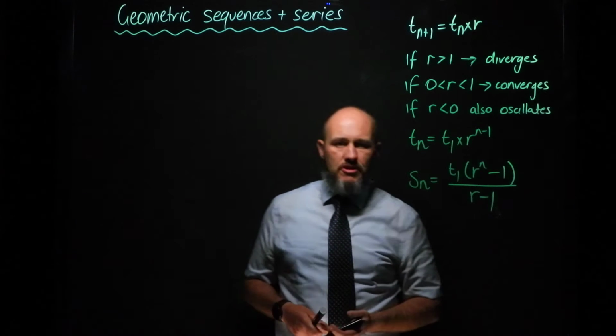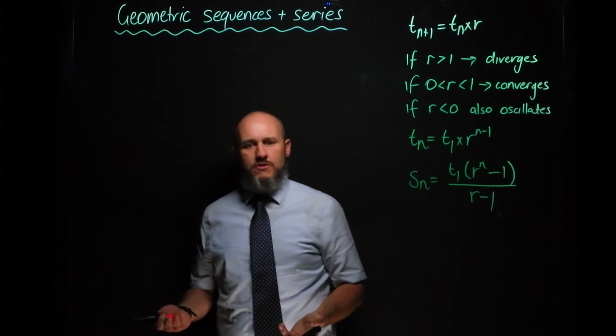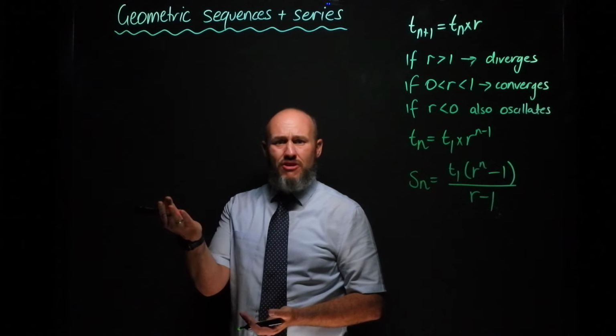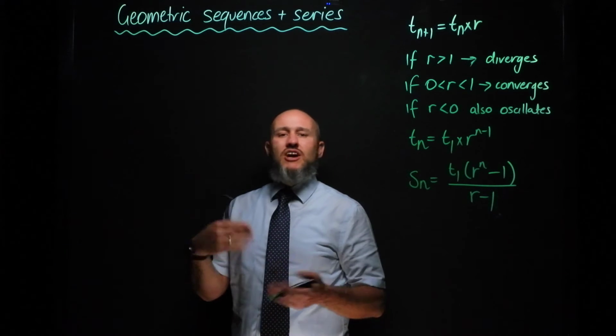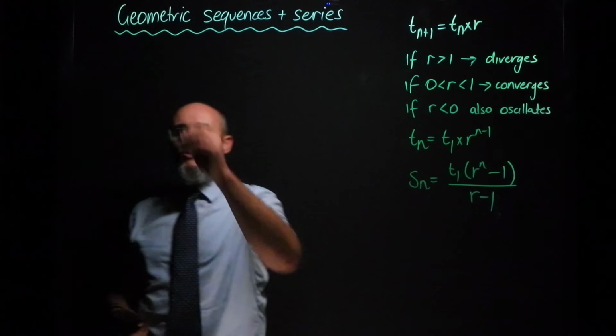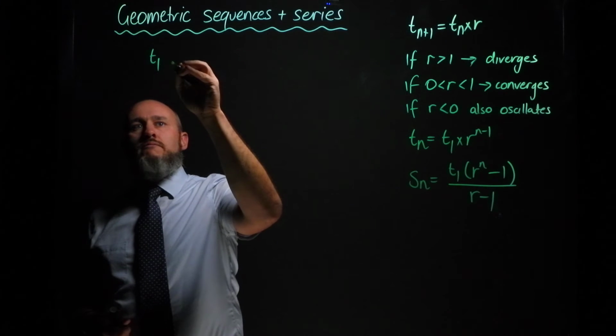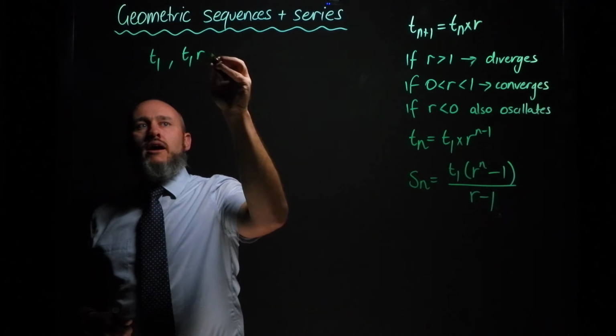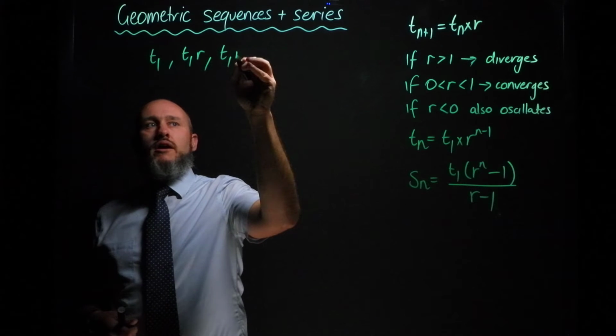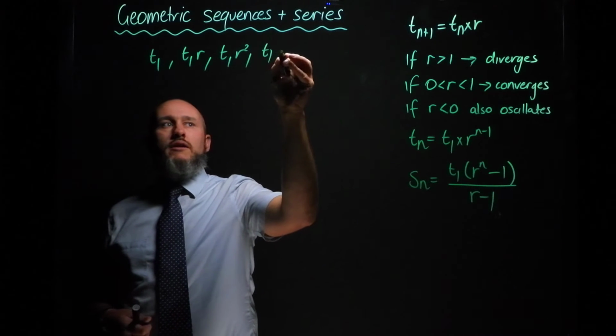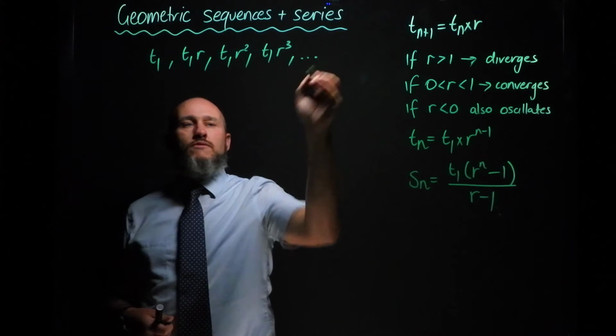Okay, so without exception, formulas always come from generalising. And that means we take the numerical example we've just had, and we change it and just do it algebraically. So algebraically it would look like this. The sum, well actually we won't do the sum, T1, T1R, T1R squared, T1R cubed, so on and so forth.